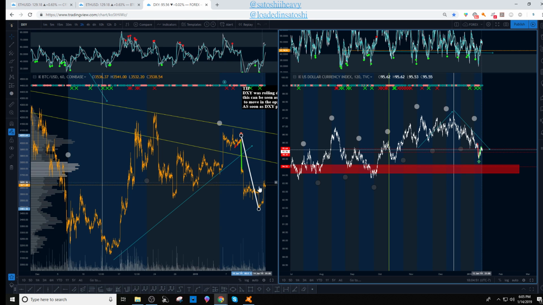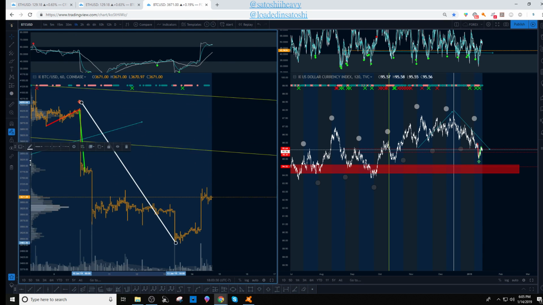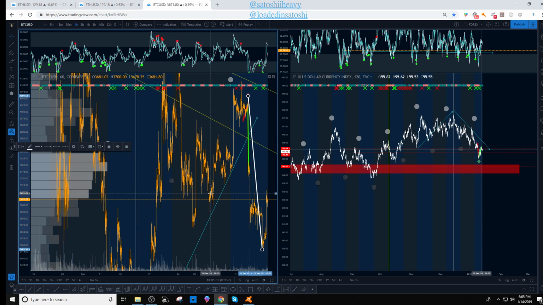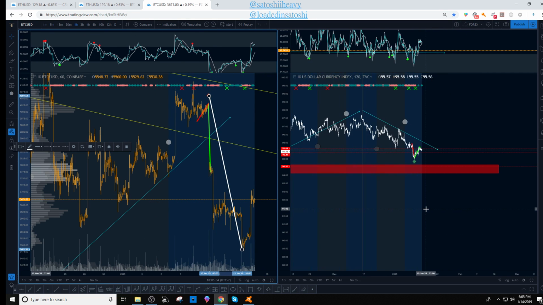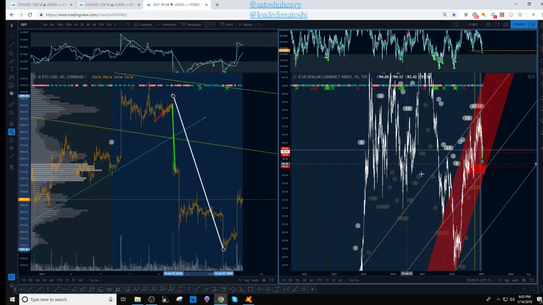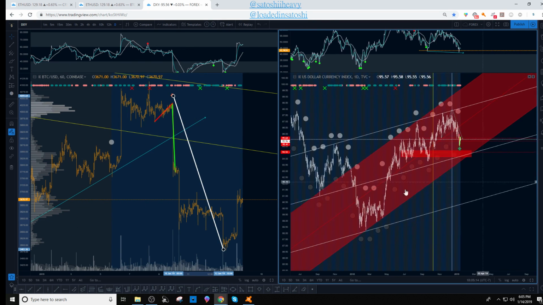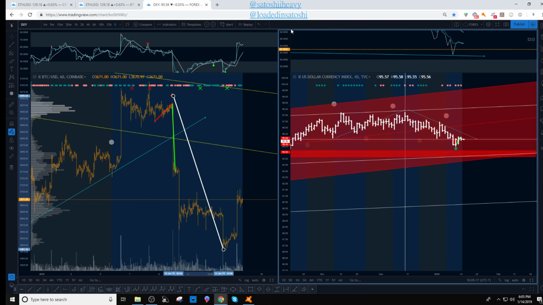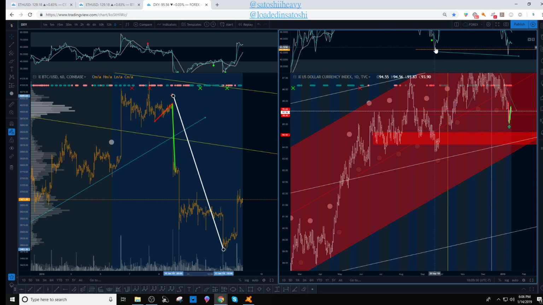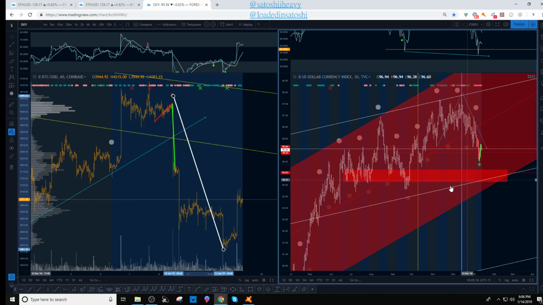Look at those wicks too right there. Man, that looks gross. Those two wicks from Bitcoin look disgusting. Honestly, I hate them. Man, that's a tough one right there. Because if the dollar pumped from here, oh man, that'd be horrible for people going long in crypto.